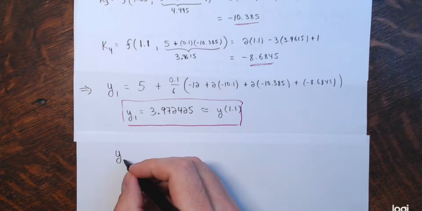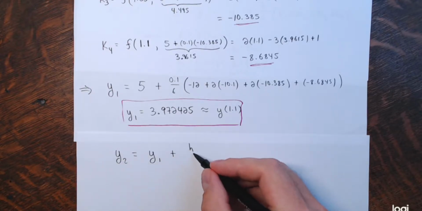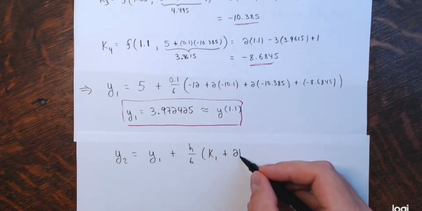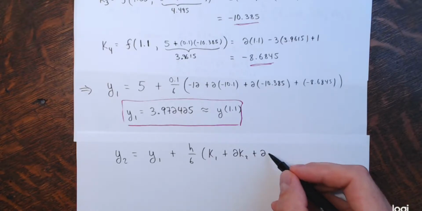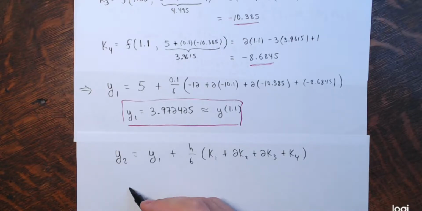Right, y2 would be equal to y1 plus h over 6 times k1 plus 2k2 plus 2k3 plus k4, where k1 is the value of that f at x1, y1, and k2 is the value of that f at x1 plus half h and y1 plus half h times k1.